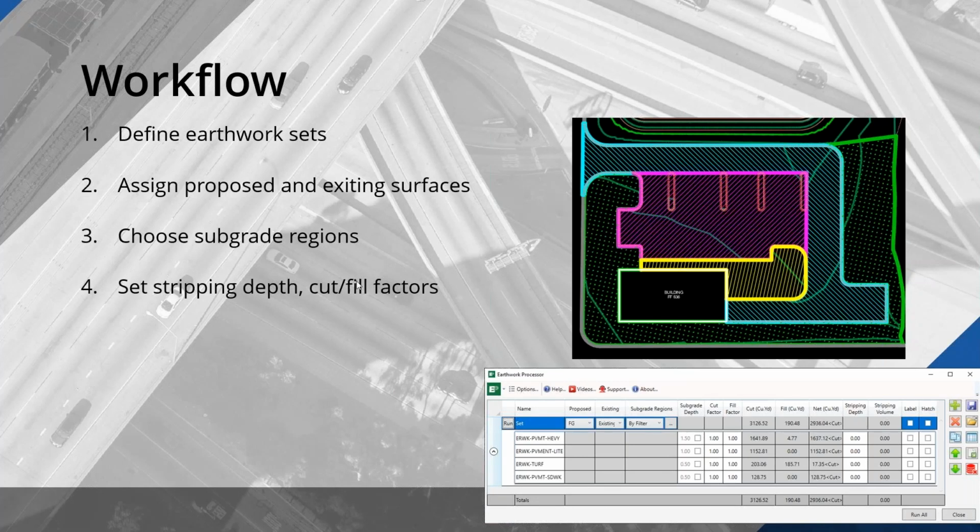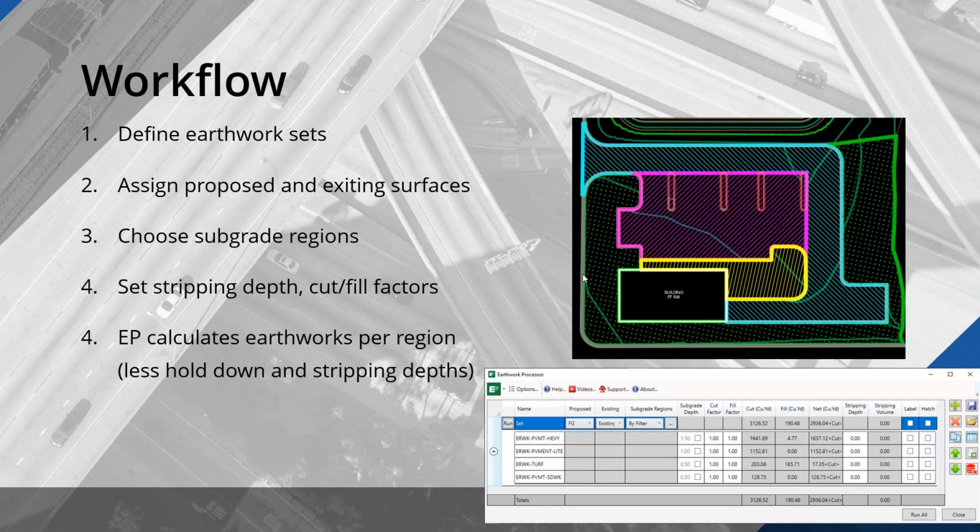You can set stripping depths and cut and fill factors, and then Earthwork Processor does the rest. It calculates earthworks per region, cuts and fills, less the hold down and stripping depths if you plug that in. So it does a ton of work for you in a really automated way.